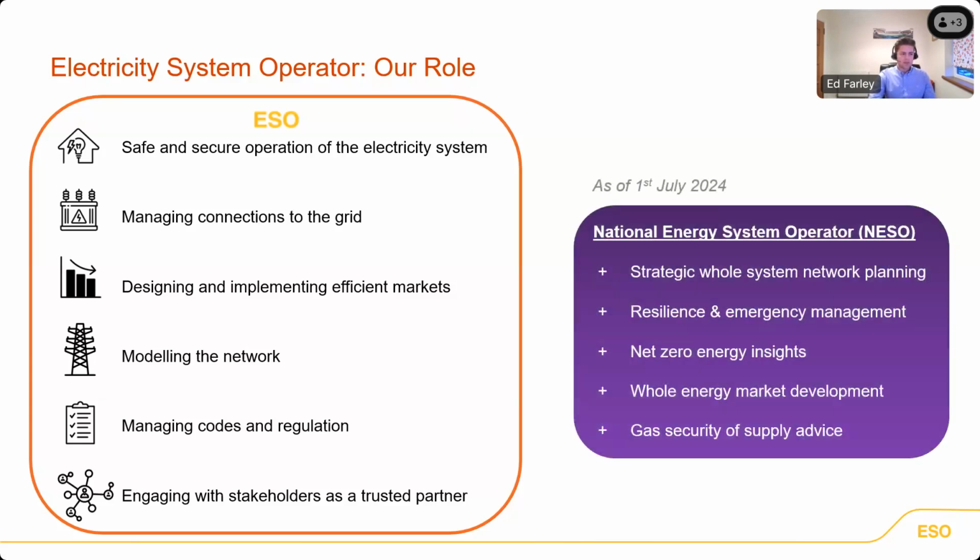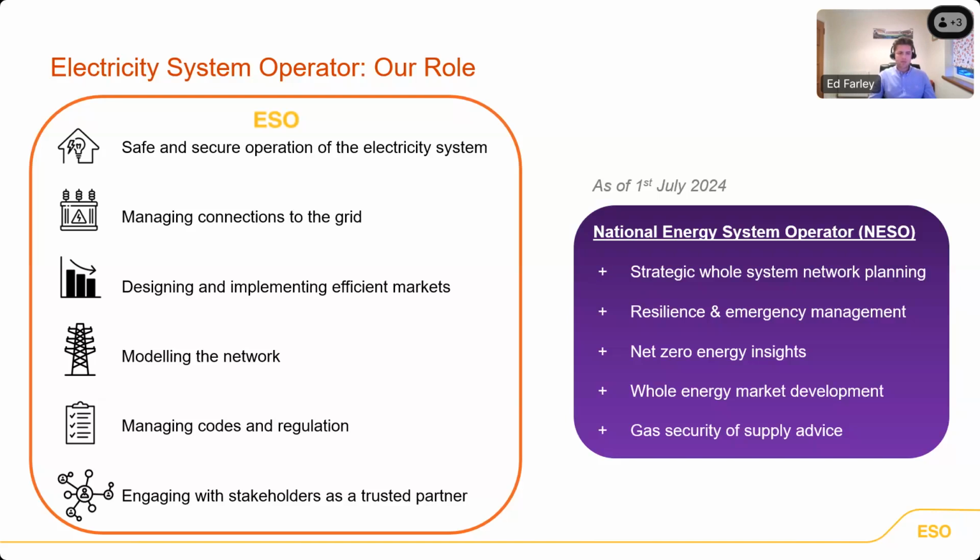But most excitingly, and some of you may be aware of this already, we're undergoing a period of transition at the moment. So as announced last year, we are going to become a new organisation, the National Energy System Operator. So I may refer to us as NESO throughout, and this will be as of the 1st of July this year.